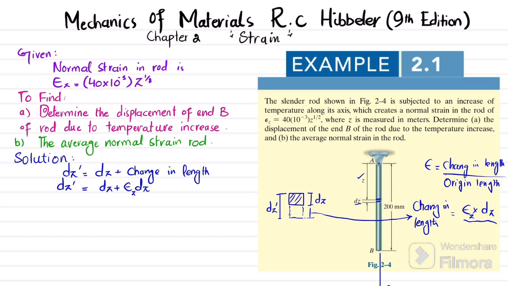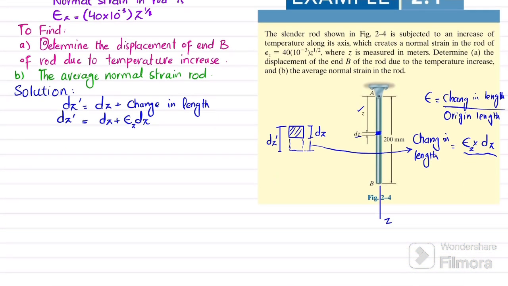Now since this is a rod and this is a small differential segment, if you want to find the total change in length, we will integrate it. So integrate on both sides to get the total change in the length of the rod.